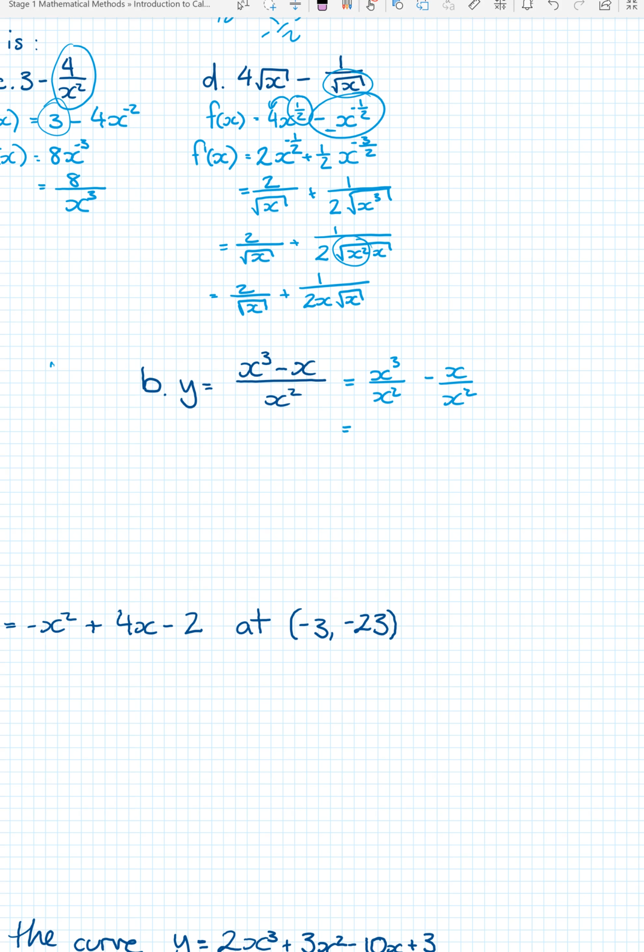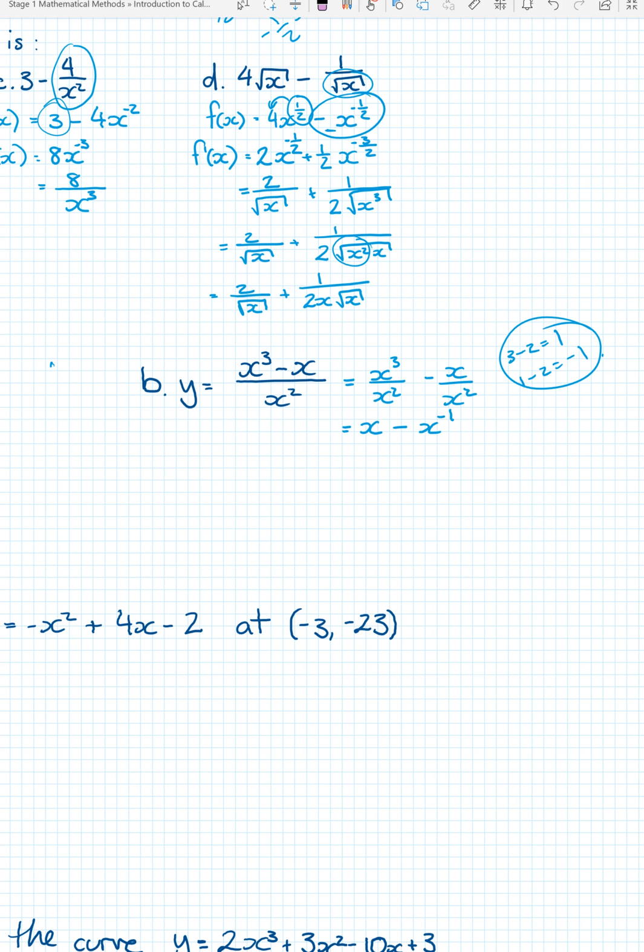So we're left with 3 minus 2, which is x to the power of 1, minus, here we have x to the power of 1 minus 2, which is x to the power of minus 1. So we have 3 minus 2 equals 1, and 1 minus 2 equals minus 1, to find our new powers using our index laws.